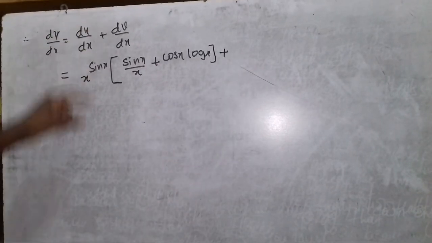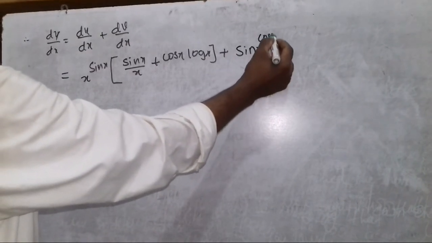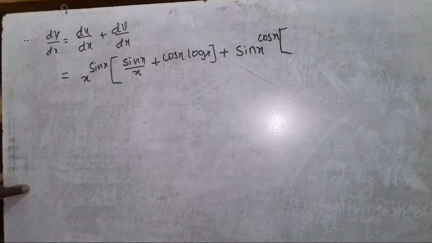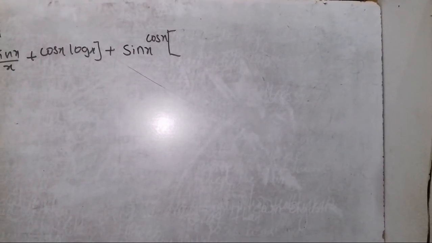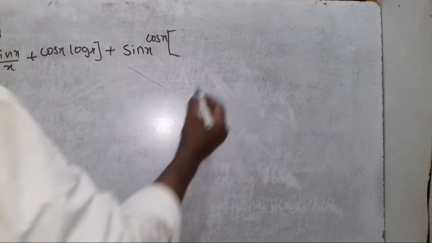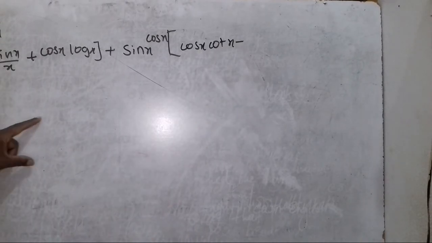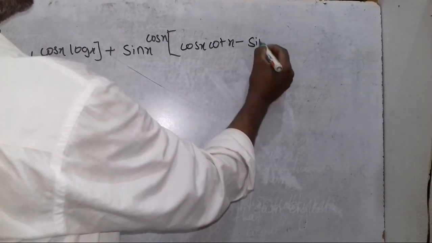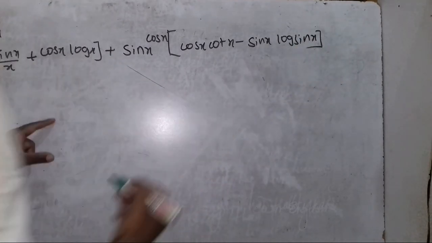Similarly dv by dx is sin x raised to cos x into bracket, cos x cot x minus sin x log sin x. That is the answer.